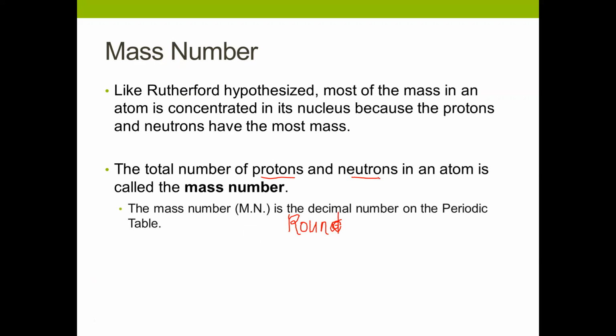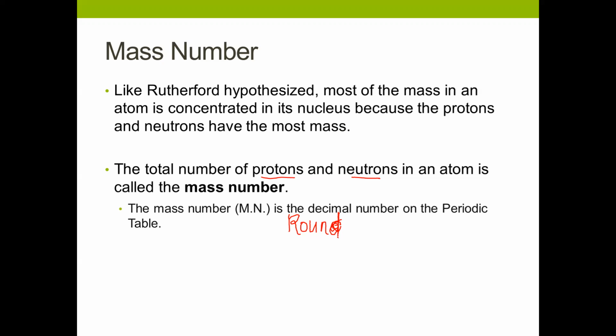We cannot have partial protons or partial neutrons in an atom to make a full atom. So you round the decimal number to the nearest whole number. Like 5 or higher, round up, 4 or below, keep it the same.